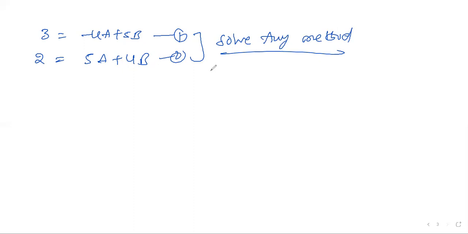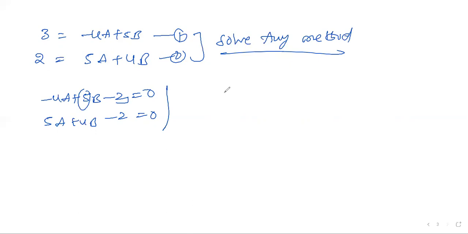Okay, let us try now. Minus 4a plus 5b minus 3 is equal to 0. 5a plus 4b minus 2 is equal to 0. I'll go for the cross multiplication method. First, 5 minus 3, minus 4, 5.